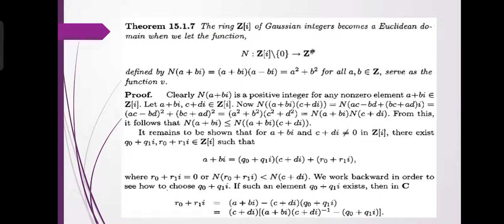We work backward in order to see how to choose Q sub 0 plus Q sub 1 I, if such an element Q sub 0 plus Q sub 1 I exists.